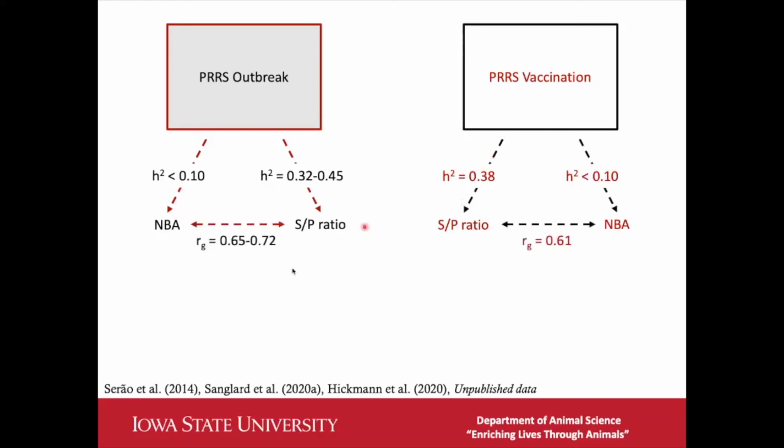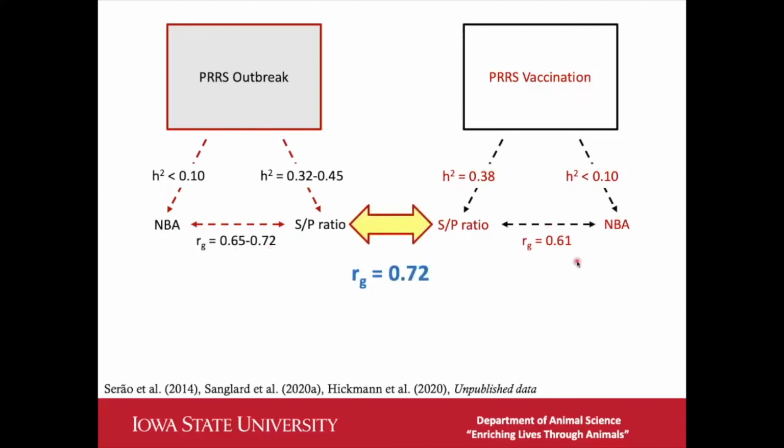But the most important part is this relationship. The genetic correlation between antibody response and number born alive is quite high, something between 0.65 and 0.72 during the outbreak, and the estimate that we got in healthy animals, remember that this number born alive is at parity 1, these animals were not under a PRRS outbreak, is also quite high.